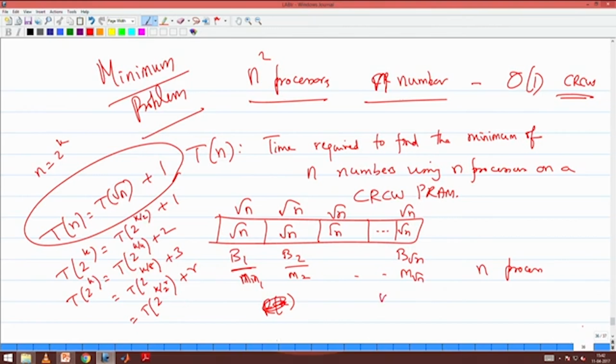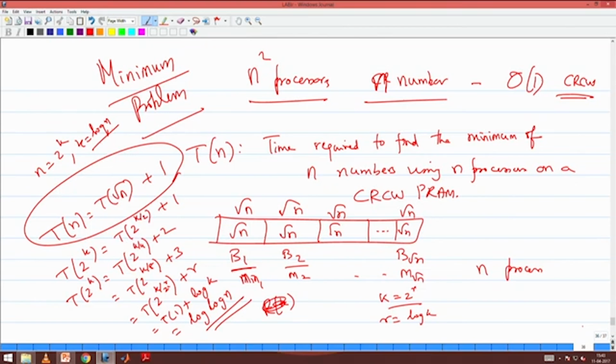And it will stop when 2^r is equal to k, or r equal to log k. When r equals log k, this will be T(1) plus log k. And what is k? k is log n, since n equal to 2 power k means k is log n. So this will give you a log log n algorithm.